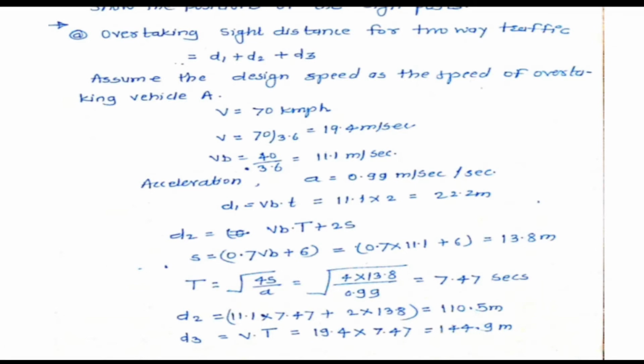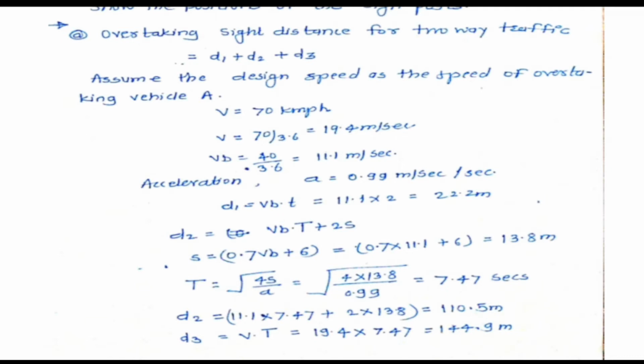If we assume the design speed as the speed of the overtaking vehicle A, that is v equals 70 km per hour, then v will be 70 by 3.6, that gives us a velocity of 19.4 meters per second, and velocity of vehicle B, that is VB, 40 by 3.6, that equals 11.1 meters per second. VB here is the velocity of the overtaken vehicle.